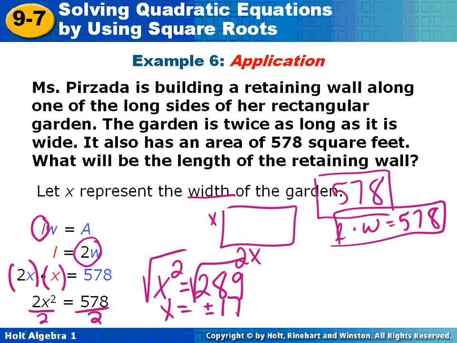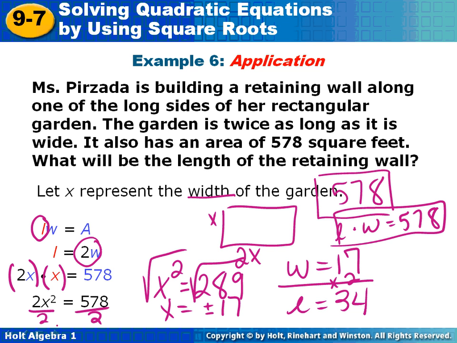Now, if we're talking about the length and the width of a rectangle, then I can't have a negative 17. And since x is the width, it asks me for the length. So my width is 17. Then I have to find the length, which is going to be 17 times 2, and my length is 34.